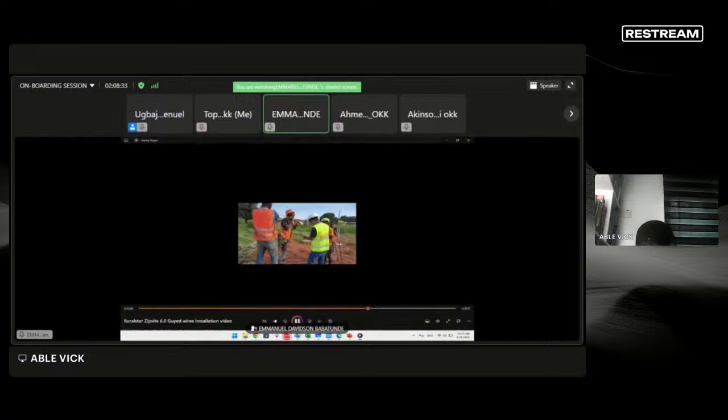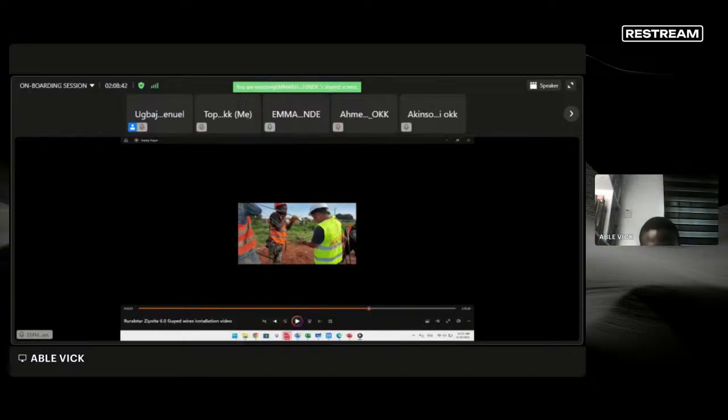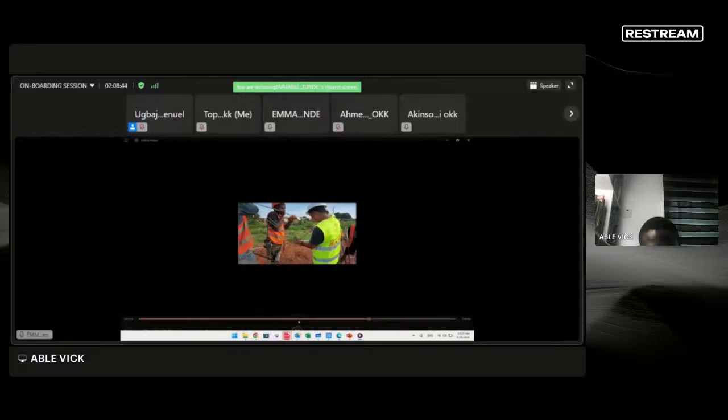So you can see from this video now, that wire did not get to that connector anymore because of the reduction the guy made. So they're using this wire puller to pull the wire to the connector.